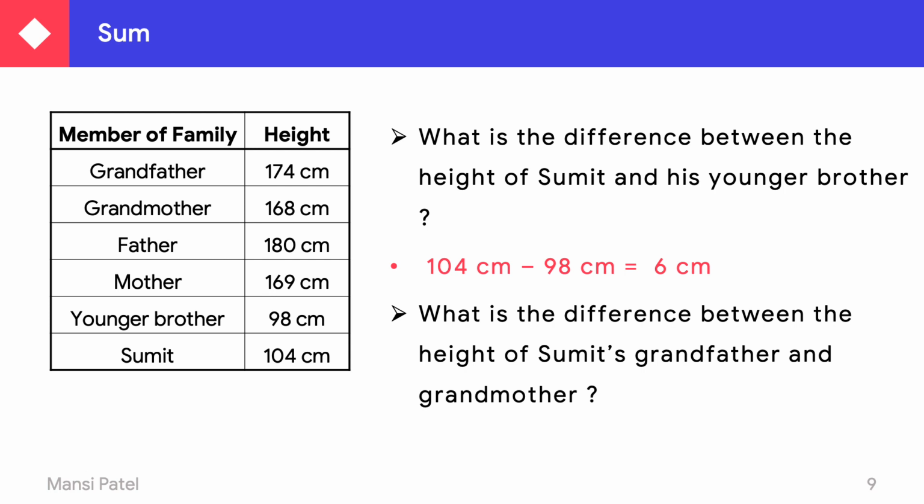So we have to write down 174 minus 168. So 174 minus 168 is equal to, what is the subtraction? 6 centimeters. So we can say the difference between the height of Sumit's grandfather and grandmother is 6 centimeters.